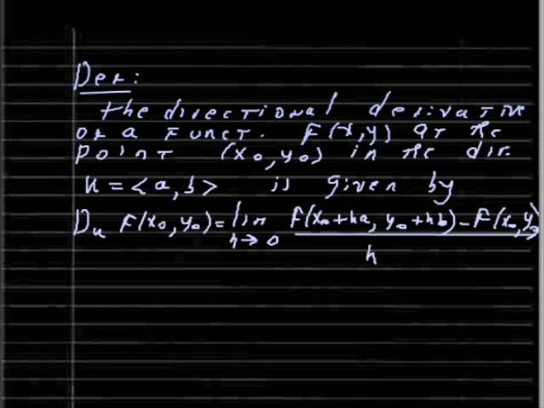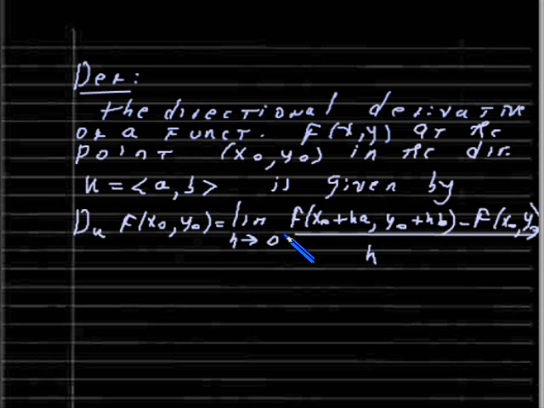Alright, so the definition of the directional derivative of a function of two variables x and y at the point x naught, y naught in the direction of the planar vector u equals AB is given by D_u of f of x naught, y naught equals the limit of the following expression.